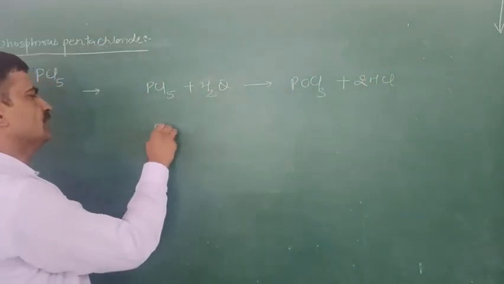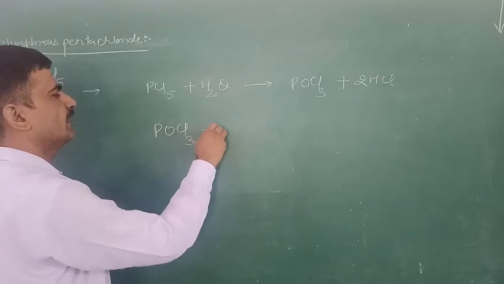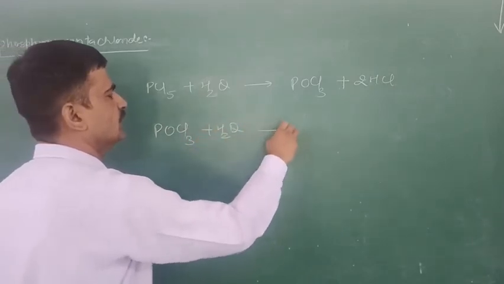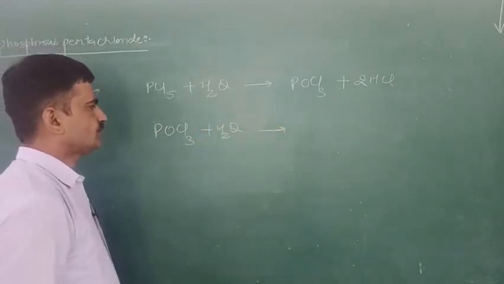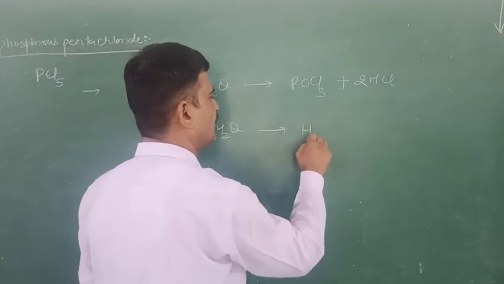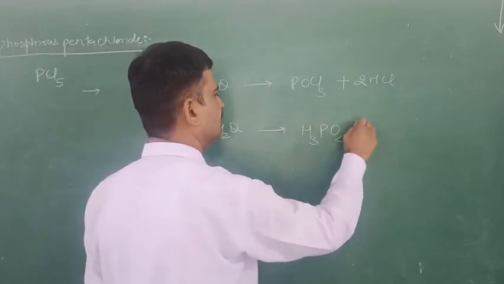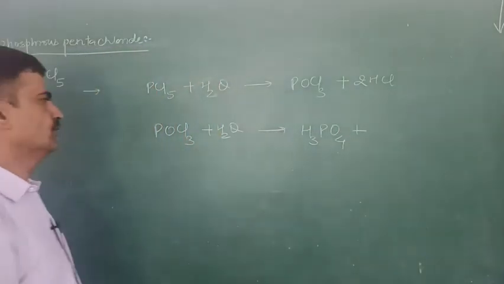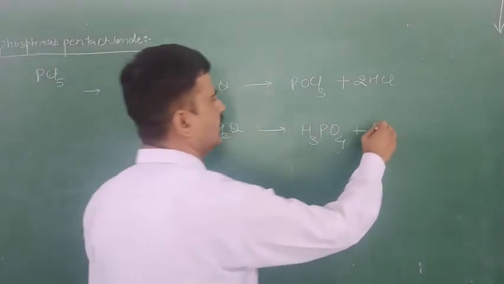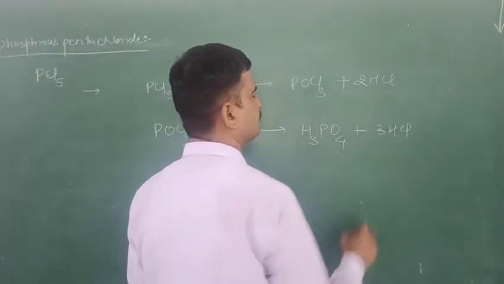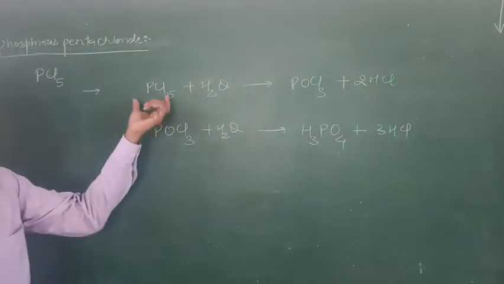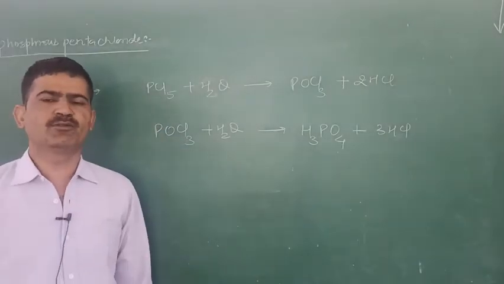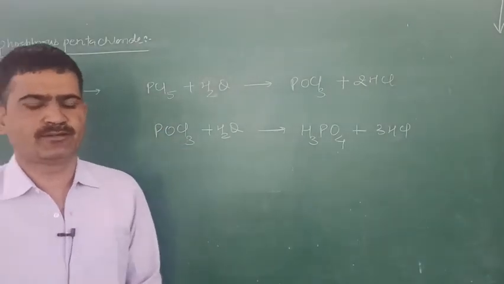Now this POCl3, phosphorus oxychloride, again reacts with water and forms H3PO4, phosphoric acid, along with hydrochloric acid. It means phosphorus pentachloride is hydrolyzed in air.